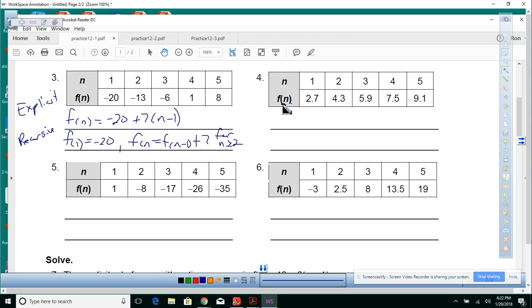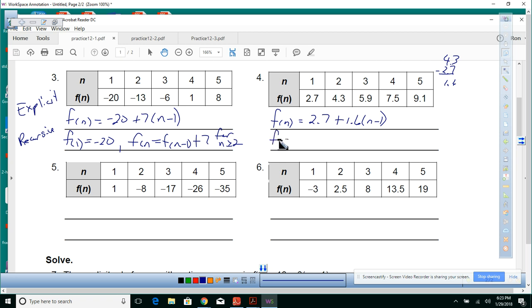Number 4, let's see, what is d? 4.3 minus 2.7, I'm getting 1.6. All right, so f of n equals 2.7 plus 1.6 times n minus 1.